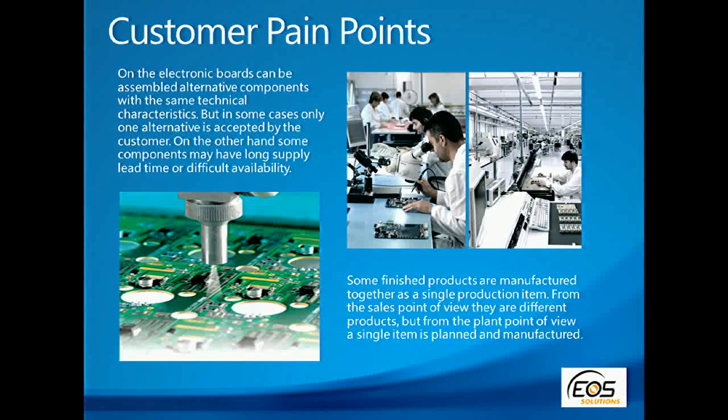Alternative items, because they have finished goods that assemble components for which the customer publishes a specific vendor approval list. So for the same finished good, they can use a lot of alternative components certified by the customer.